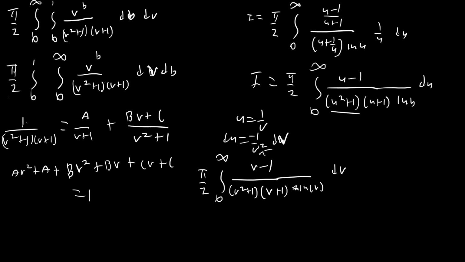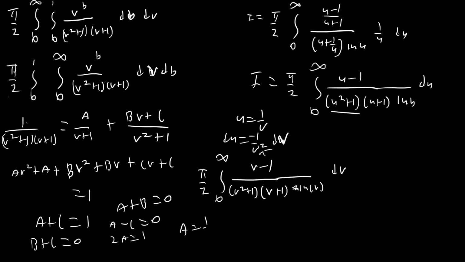So A plus C equals 1, B plus C equals 0, and A plus B equals 0. So A minus C equals 0, so 2A equals 1, and A equals 1/2. C equals 1/2, and B equals negative 1/2.